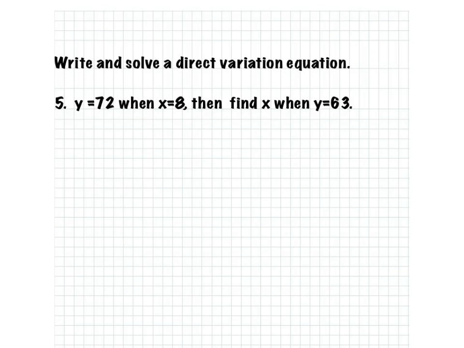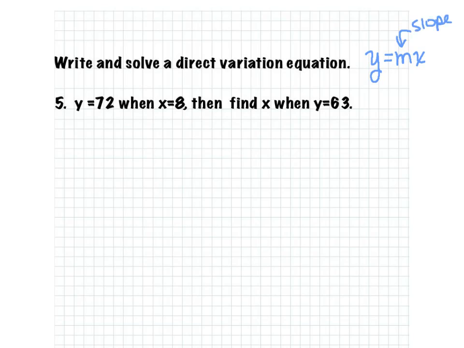Okay, write and solve a direct variation equation. Remember that this is a direct variation equation. It looks like that: y equals mx, where m represents the slope of your line. Okay, here's what they give us.